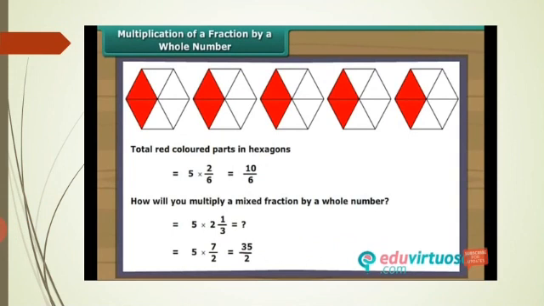How can we convert this mixed fraction into an improper fraction? You know very well: multiply the whole number with the denominator. 2 3s are 6, 6 plus 1, 7. Very good, 7 by 3. Then you can multiply numerator and denominator. 7 5s are 35. 35 by 3. This is the solution. Can you understand, my dears?